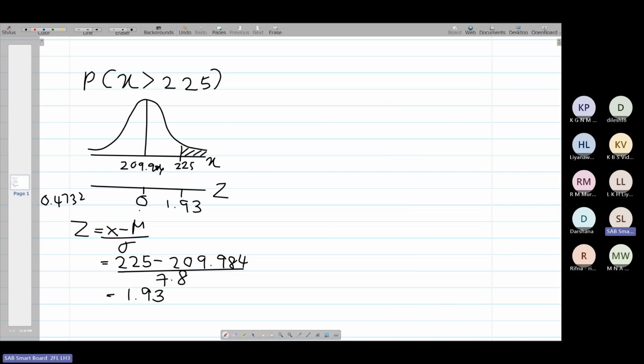The table always gives the value from 0 to a particular Z value. So the probability value is the area from 0 to 1.93. It's clear? The area here is 0.4732.